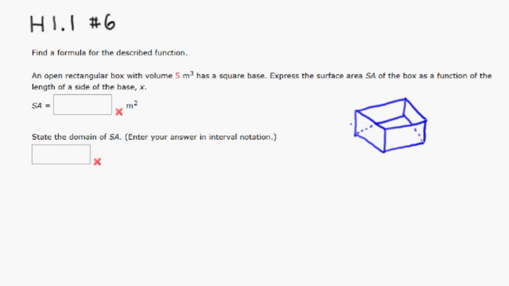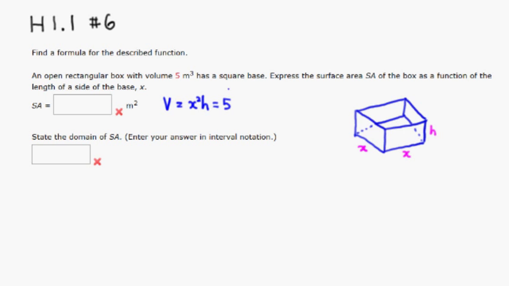The volume is 5 and the base is x by x, so we have x here, and x there. Since we don't know the height, let's just call it h for now. The volume V of this box is x times x times h, so x squared h, and this has to be 5 cubic meters.